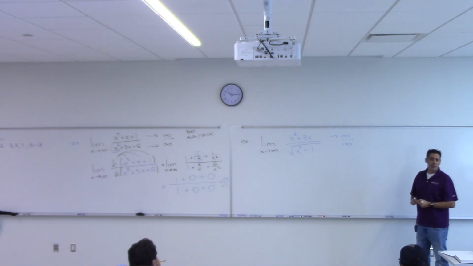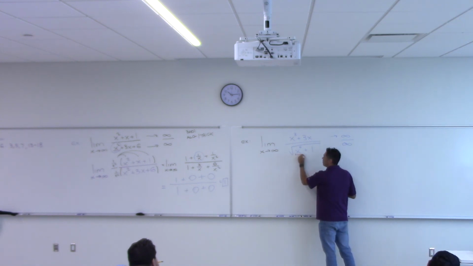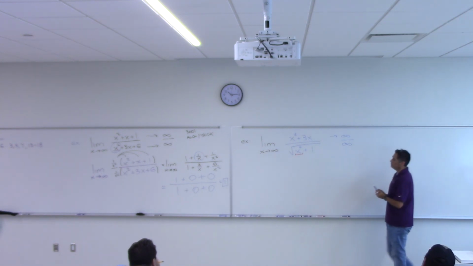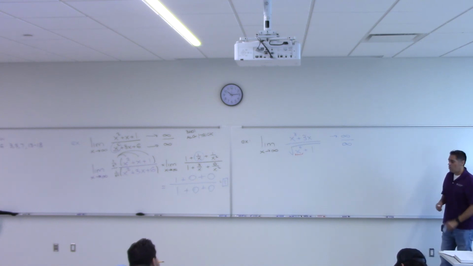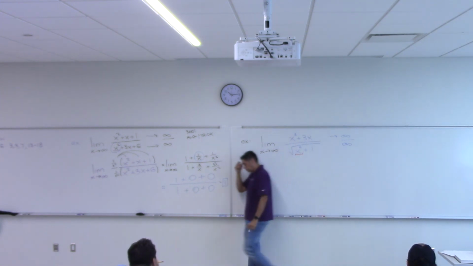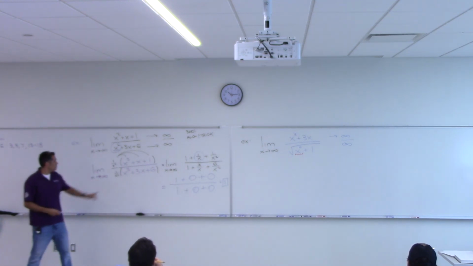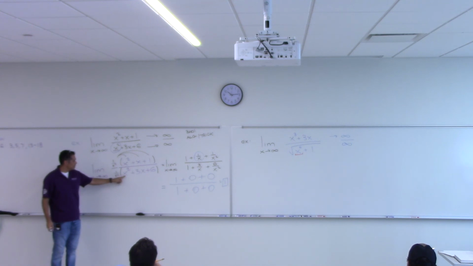So I'm going to look now at the highest power of x I see in the denominator, right there, and I'm going to try and make it go away. So what do I have to multiply that by to make it go away? 1 over x squared.